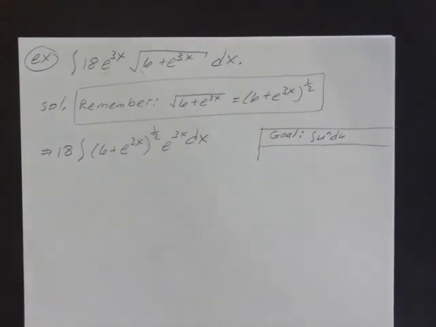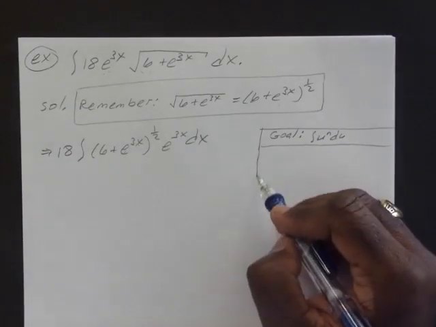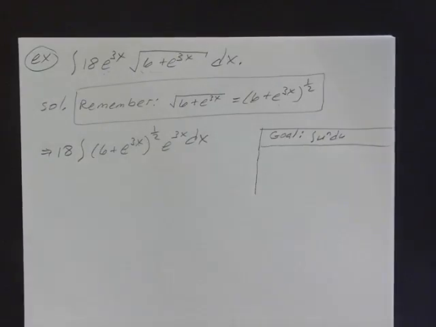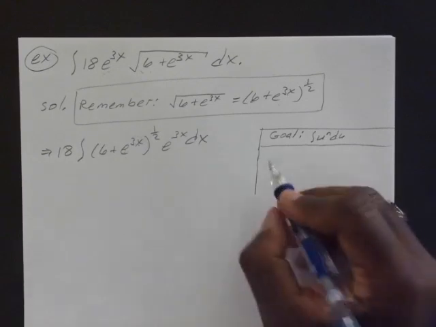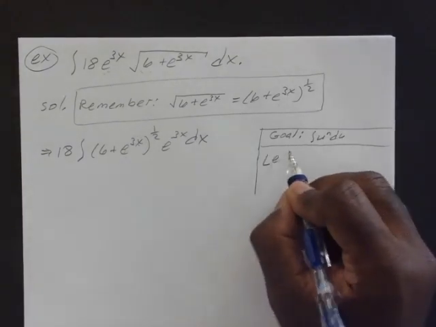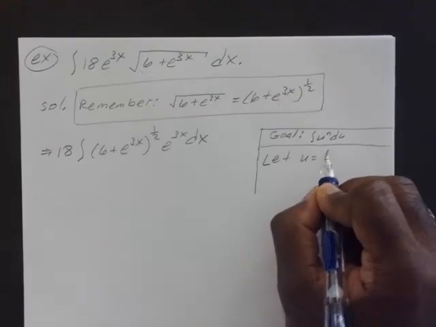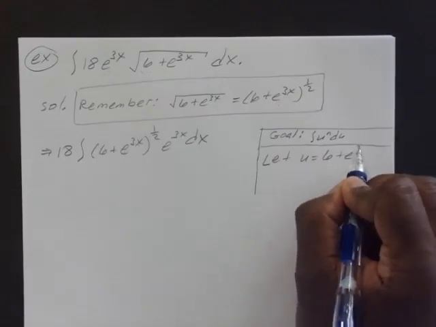So it wouldn't actually be an e to the power of u du form for this one. Okay. So we're going to let our u equal 6 plus e to the power of 3x.